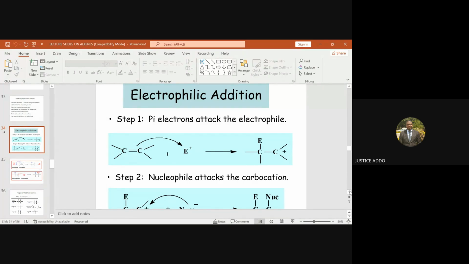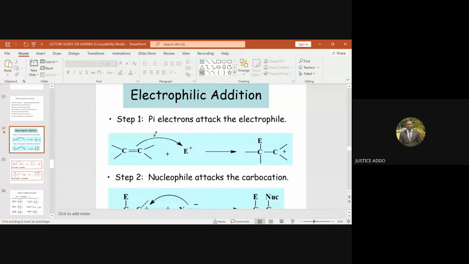So the electrophilic addition reaction, an overview is what you can see. The alkene, because of the pi bond with the pi electrons, becomes electron rich. And because it's electron rich, it is nucleophilic.